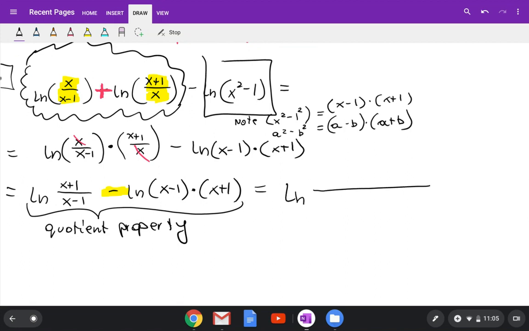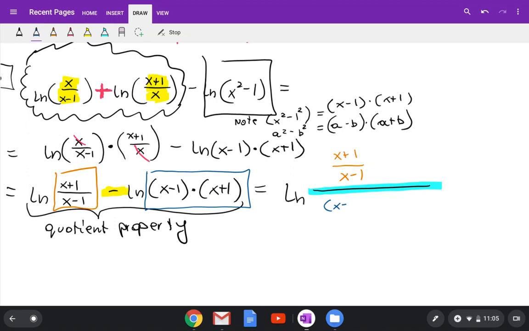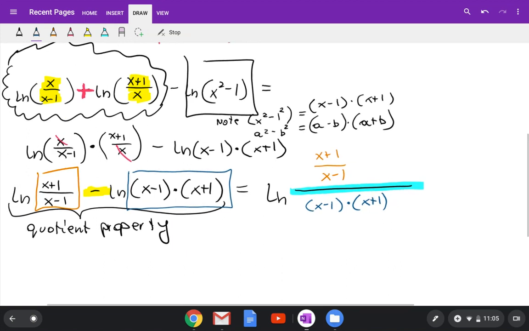What goes on the top? The first expression, so we have (x plus 1) over (x minus 1). And what will be the denominator of the quotient? The second expression, which is (x minus 1) times (x plus 1). Okay, so this is a single log.